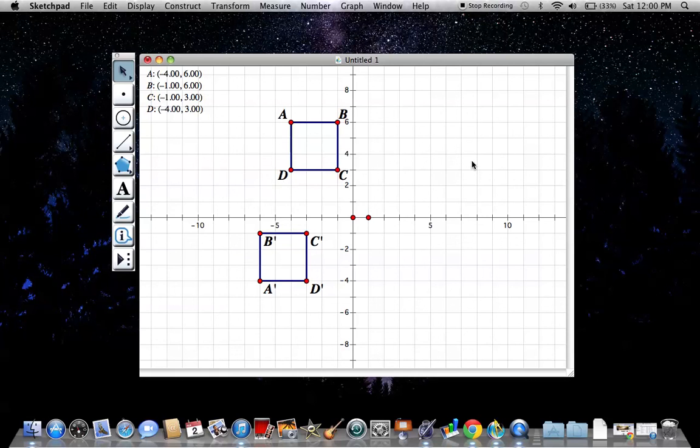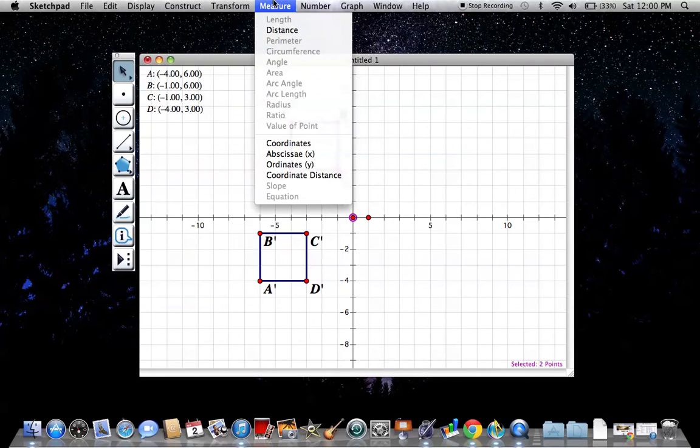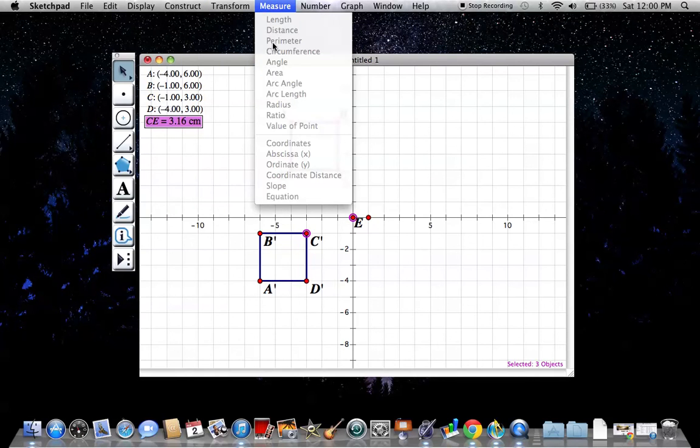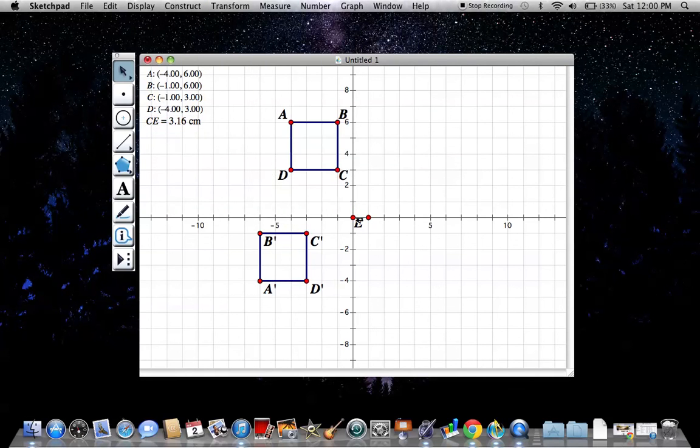Alright? So I rotated around this point, the center point here. So let's look at the distance from C to this point. Measure distance. 3.16 centimeters. Now let's measure the distance from C prime to E. Measure distance: 3.16. I can do this for every single one.